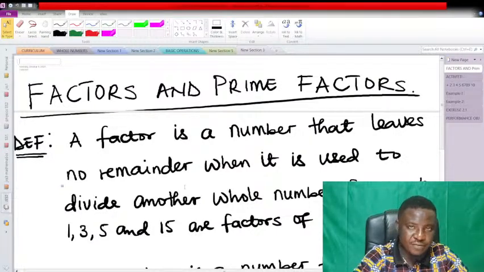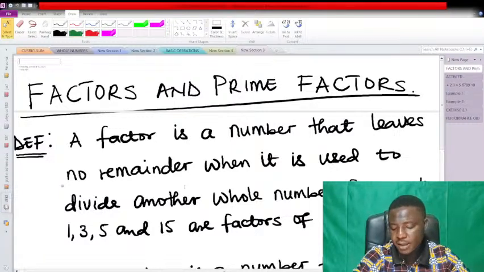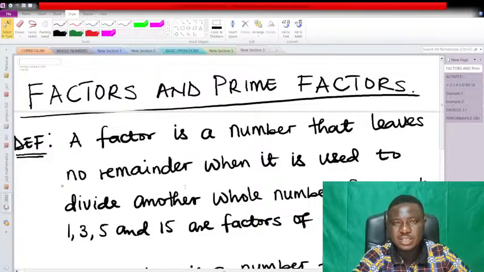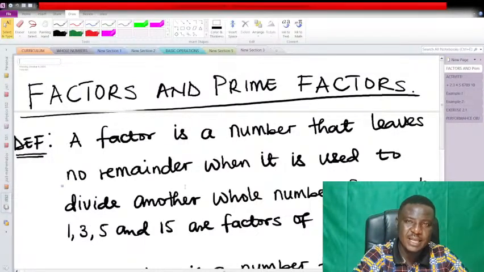1 can divide 15, 15 times without a remainder. 3 can divide 15, 5 times without a remainder. 5 can divide 15, 3 times without a remainder. And 15 can divide 15 once without a remainder. So they are said to be factors of 15. 2 is not a factor of 15 because 2 cannot divide 15 without a remainder.